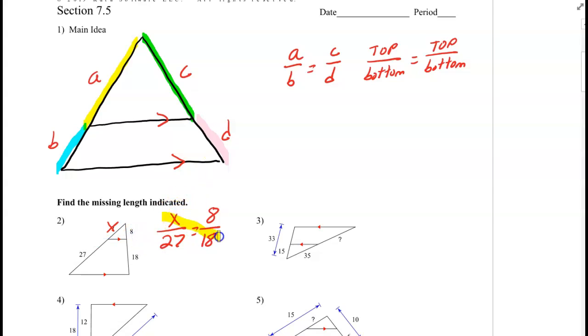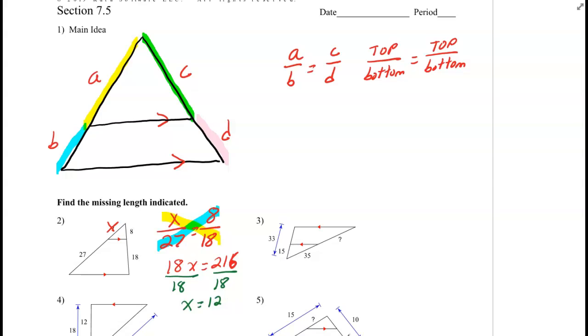So I multiply these yellow numbers and these blue numbers. When I do that, I get 18x is equal to 216. Divide by 18. And for this problem, I get x to be 12.